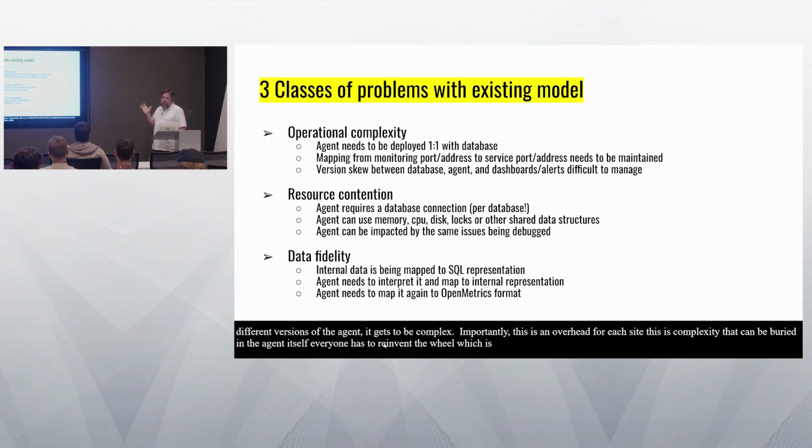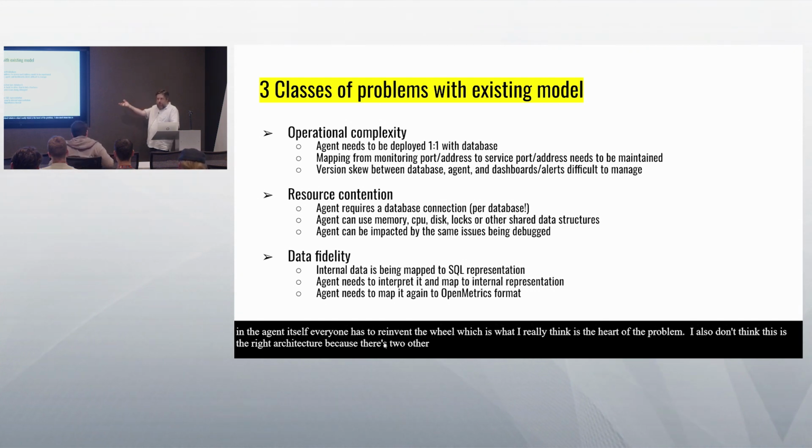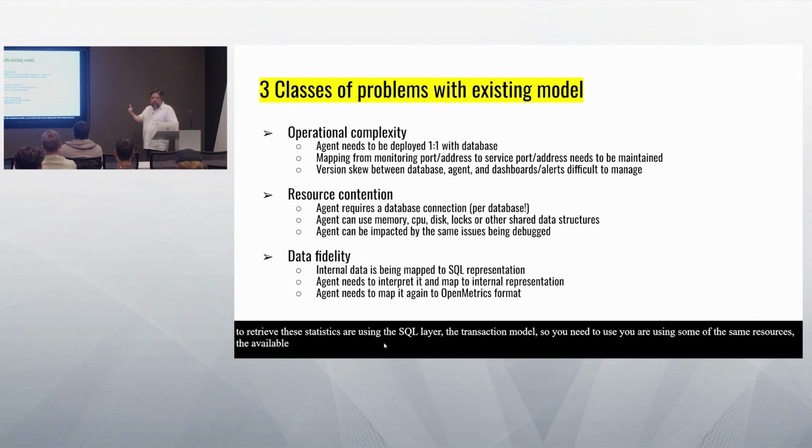I also don't think this is the right architecture, because there are two other classes of problems. One is you're using the same infrastructure that the application is using to retrieve these statistics. You're using the SQL layer. You're using the transaction model. You're using some of the same resources, the available connections in max_connections.